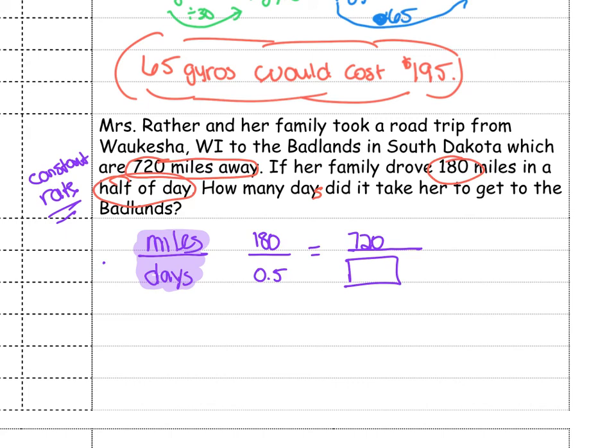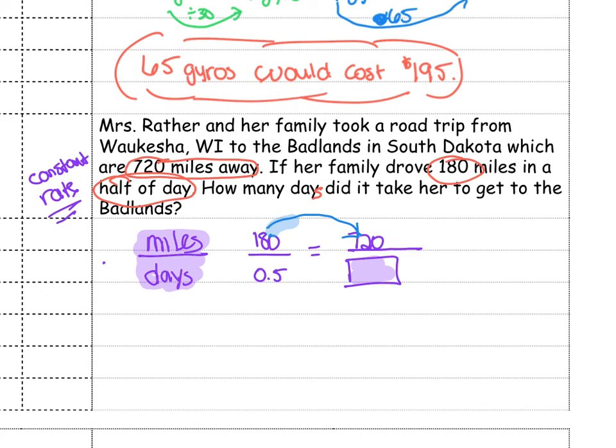All right, so I did this, and it's asking how many days will it take to get to the Badlands. So what we know is they're 180 is what they drove, and we have to get to 720. So again, certainly could use that cross multiplication.